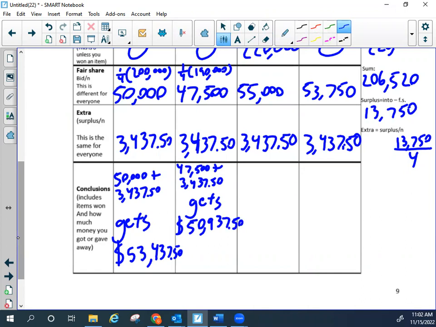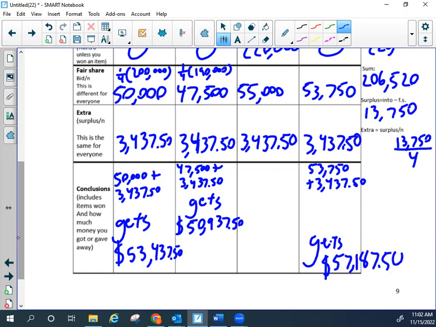He's a little different. Dave walked home with $53,750 plus $3,437.50. So ultimately he gets $57,187.50.